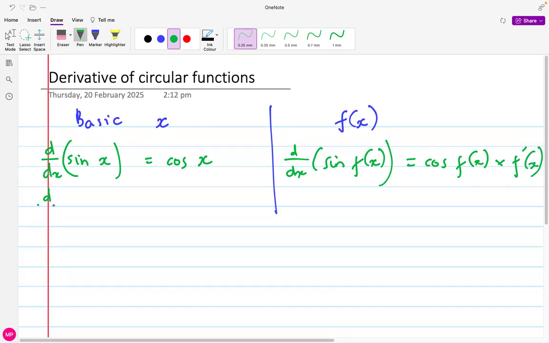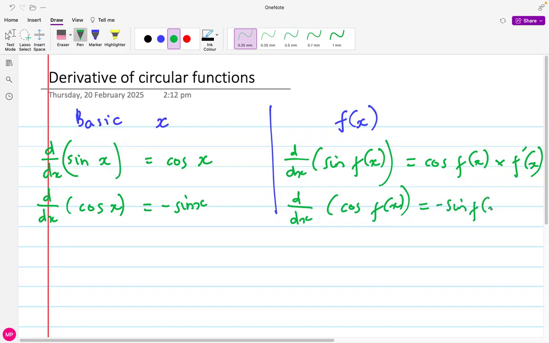Similarly, the derivative of cos becomes negative sin. If we have the derivative of cos of f of x, this will become negative sin of the function, and then we times by the derivative of that function again, so times by f dash.